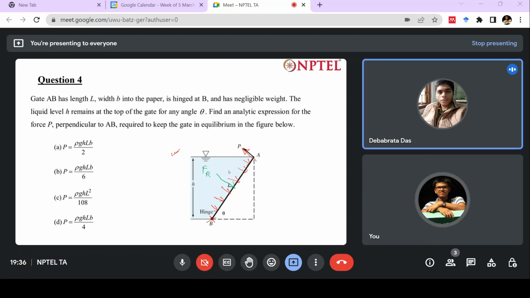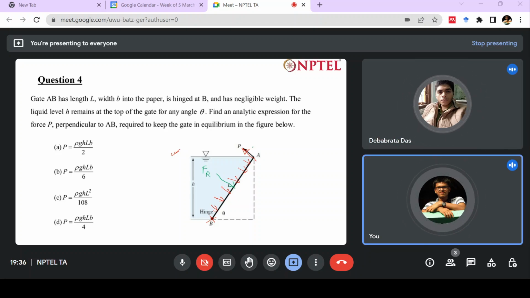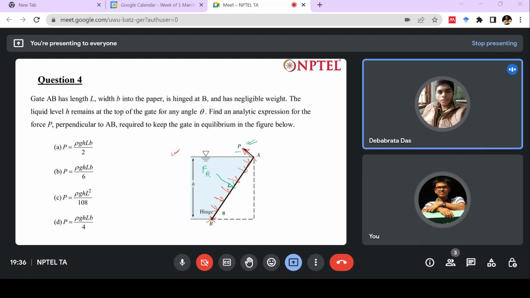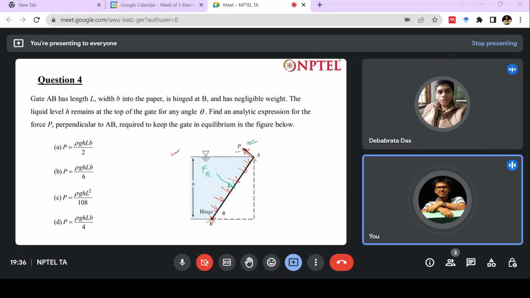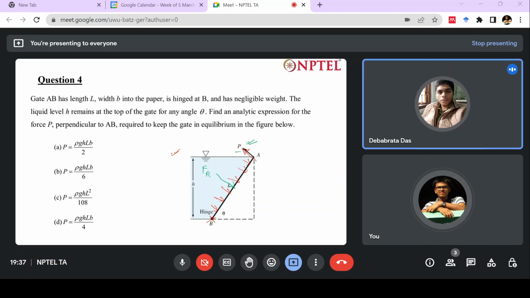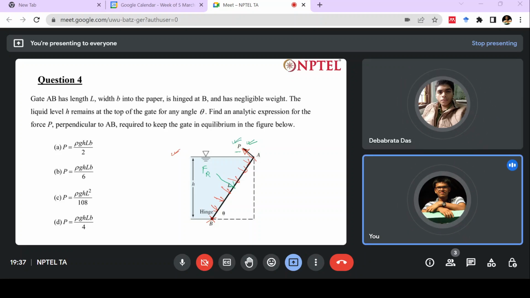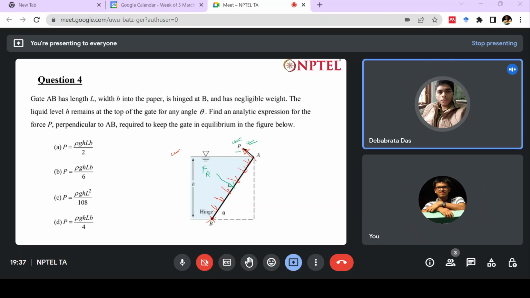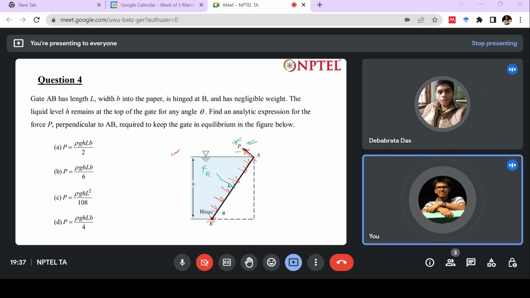Now to counter that force, some other externally applied force P is being used. Maybe it is tied to a chain or something. Something is trying to keep the water on one side of this gate so that the gate does not fall off the hinge. So the situation is clear, right? Yes, sir. So what we are asked is to find this force P. Can you tell me how you will proceed to do this?